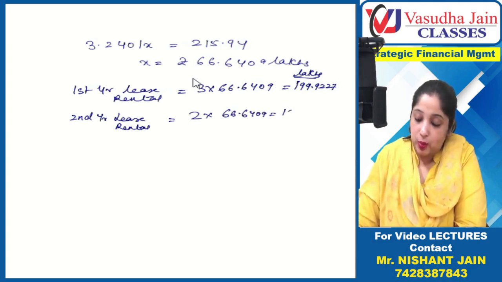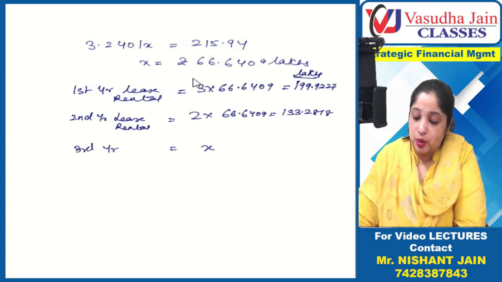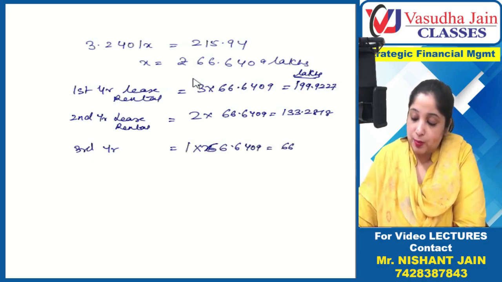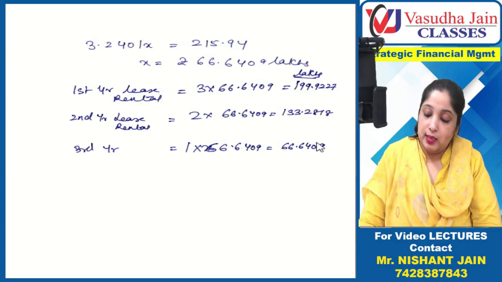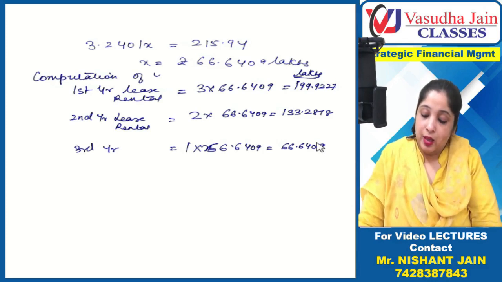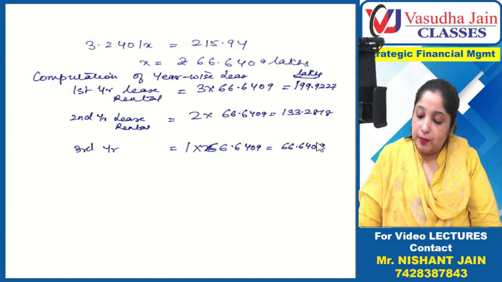This is coming out to be 133.2818 lakhs. And third year, it is x only, which is 66.6409 into 1, 1x. 66.6409. These lease rentals, if you charge. So basically this is the computation of year-wise lease rentals.